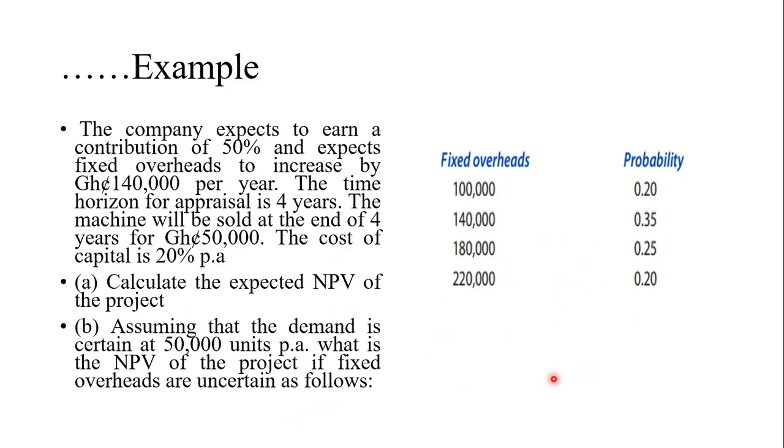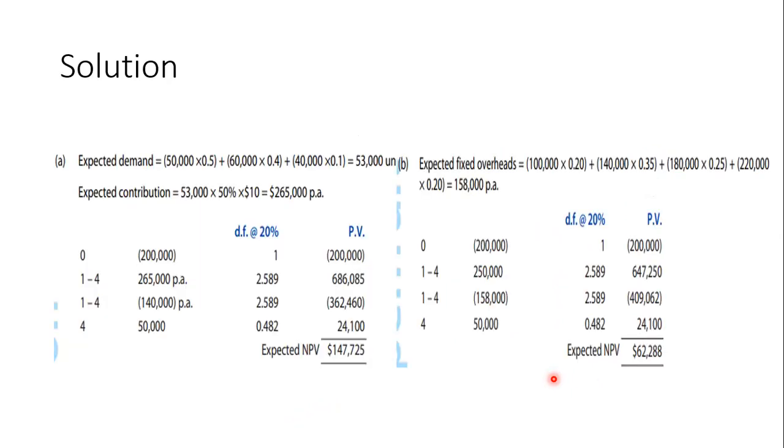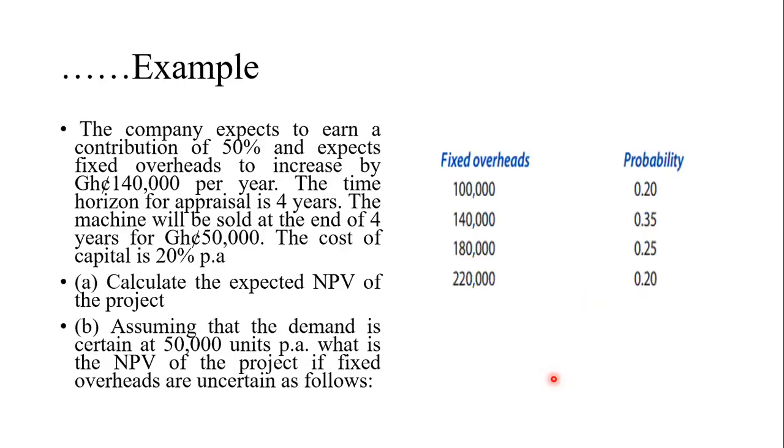But then there is another twist here. We are told that the demand is certain at 50,000 units, and fixed overheads are uncertain. So what are the probabilities of the uncertainty? Fixed overheads could be 100,000, with a probability of 20% or 0.2.